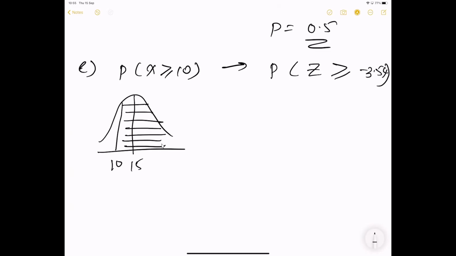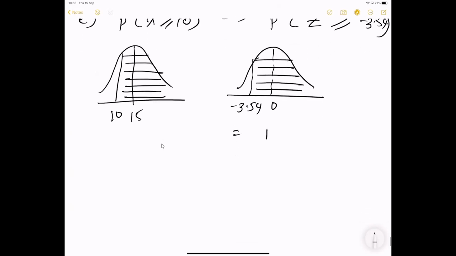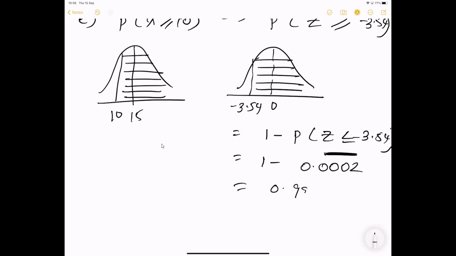This area we want to find: as I mentioned earlier, we have only the left-sided area, therefore 1 minus the probability of Z less than or equal to minus 3.54. The answer should be 1 minus this area, which we found in previous equations, 0.0002, so 0.9998, almost all the probability.